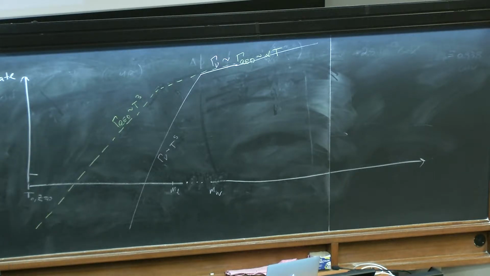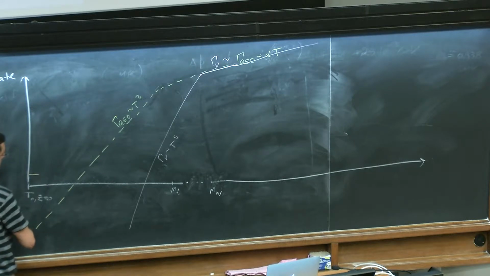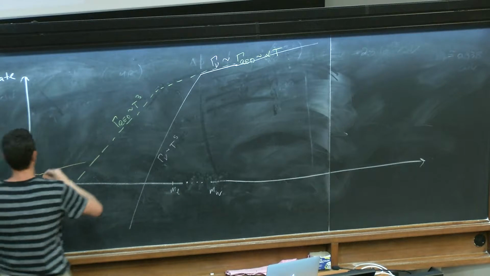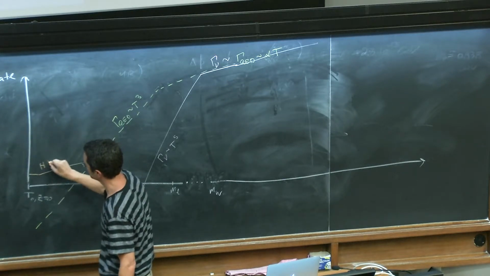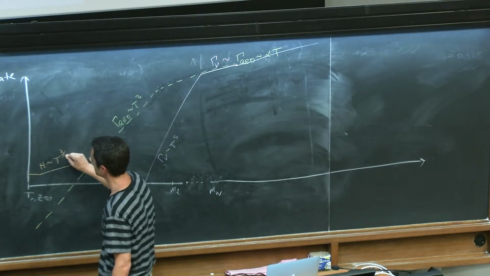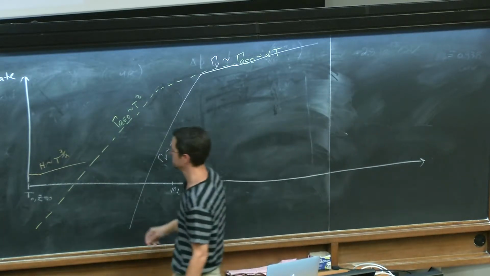I'll give it its own color. It's constant initially. Then it begins to rise, and you know this slope. So this slope is temperature to the 3/2, because it's the square root of z to the cubed.